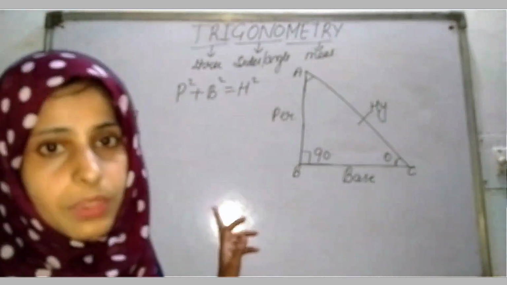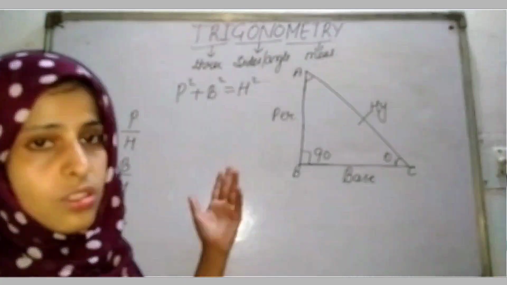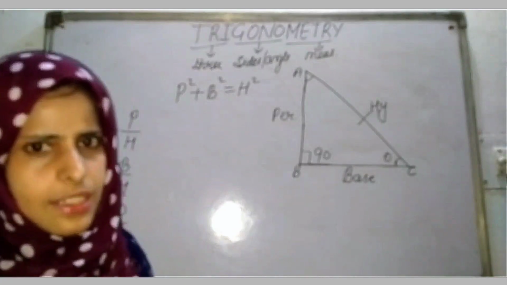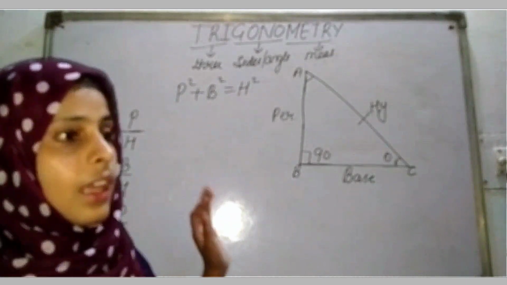These are three possibilities. There are three other possibilities which are the opposite of them. We will discuss them.